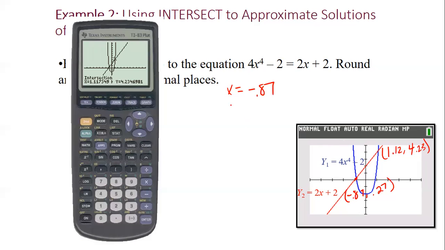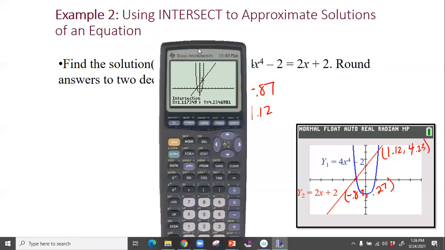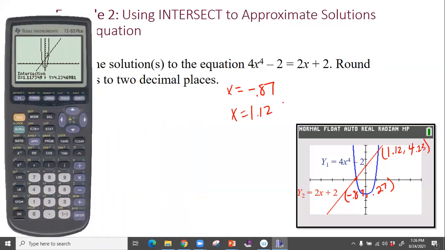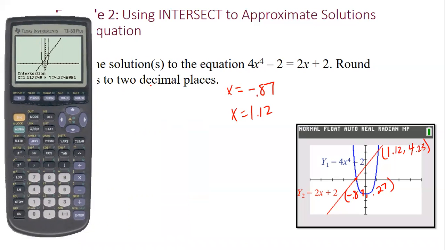So my other x value is x equals 1.12. And it told me to round to the nearest 2 decimal places, which is why I did that.